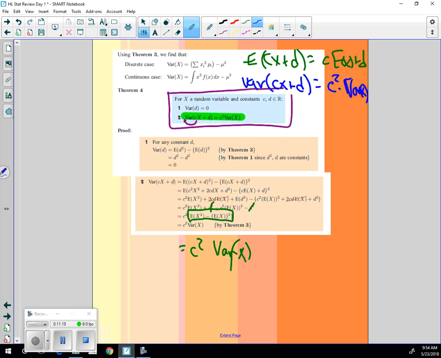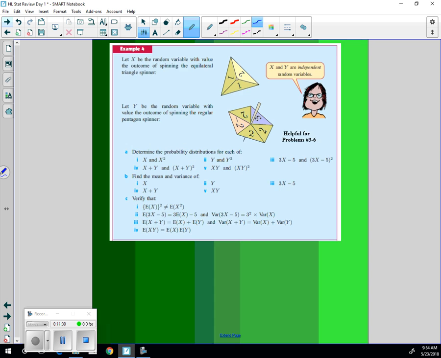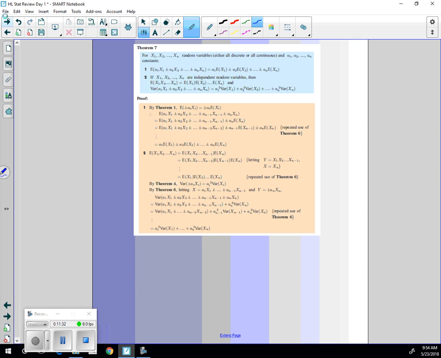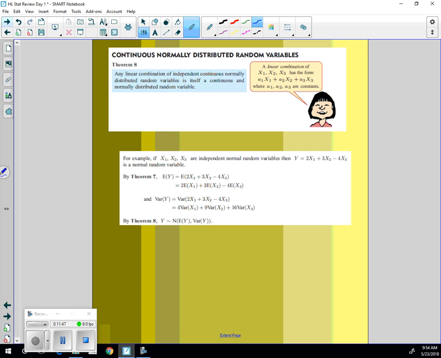So those are the two that we're working with, and I think we actually did those before. And then if we do a combination of things, we add them to each other. What happens with that is that the expected value is just the sum of those, and the variance is also the sum. And we'll go over that in just a little bit.